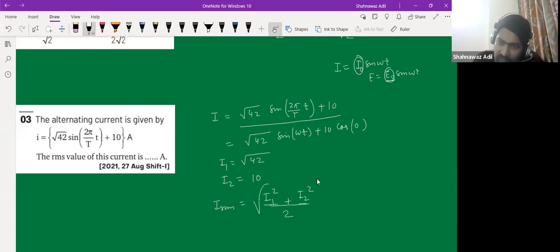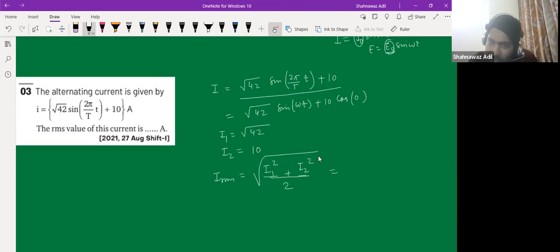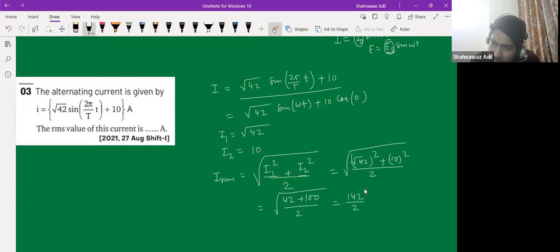So this would be 42 plus 10 square, which is 100, divided by 2. So this is 142 divided by 2, which is 71, right?